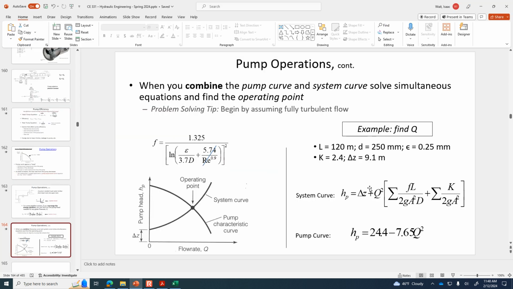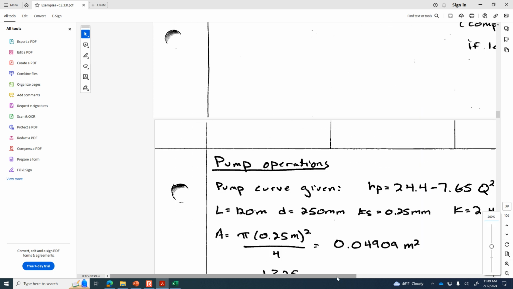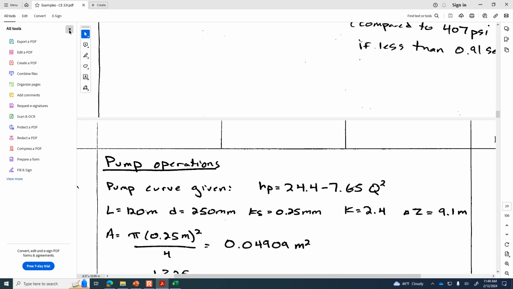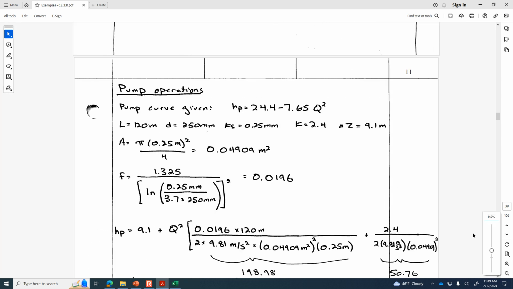Okay, so for this example, we go through the initial steps of calculating the cross-sectional area of the pipe and the F value using the fully turbulent flow assumption.